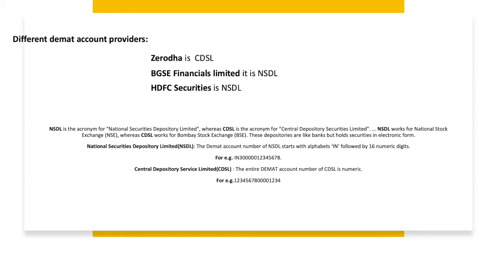If you have a DP account number starting with IN and the numbers as shown in this example, then it is an NSDL account. And if your DP account number starts with numbers other than IN, then it will be CDSL, and you can choose the appropriate options accordingly.